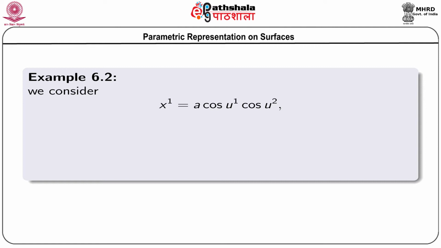We consider another example, x1 equal to a cos U1 cos U2, x2 equal to b cos U1 sin U2, x3 equal to c sin U1. So, all the x1, x2, x3 are functions of U1 and U2, but x3 is only a function of U1.